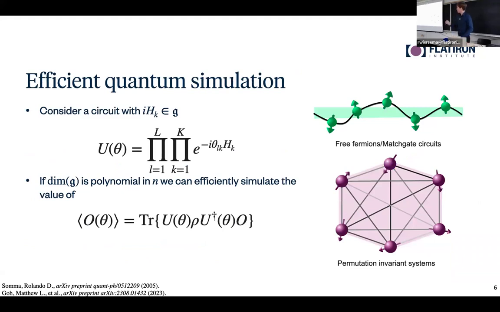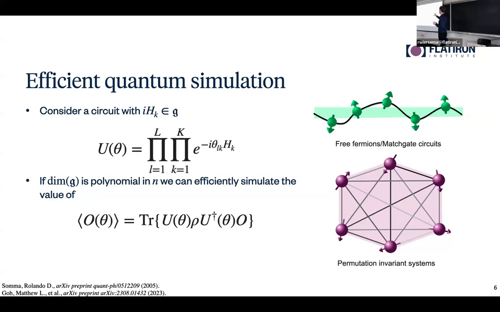Then if you zoom in on particular types of dynamics, there's a very neat result from the early 2000s that says that if you have a circuit or a Hamiltonian with a very specific structure, such that this dynamical Lie algebra is polynomial in n, so it doesn't become exponentially large, then you can efficiently simulate observables in the Heisenberg picture. That intuitively makes sense, because you only have a small number of degrees of freedom to keep track of, and there exist efficient algorithms that allow you to simulate this.